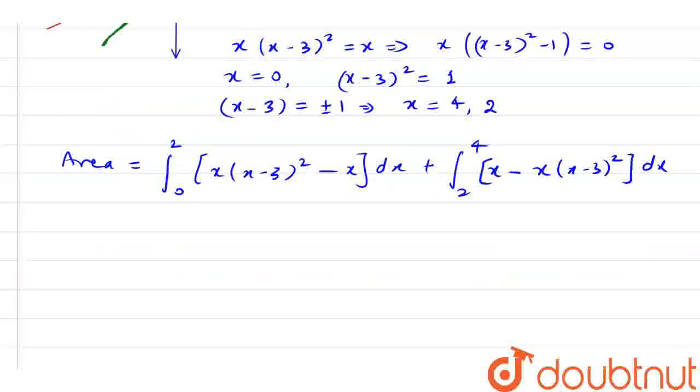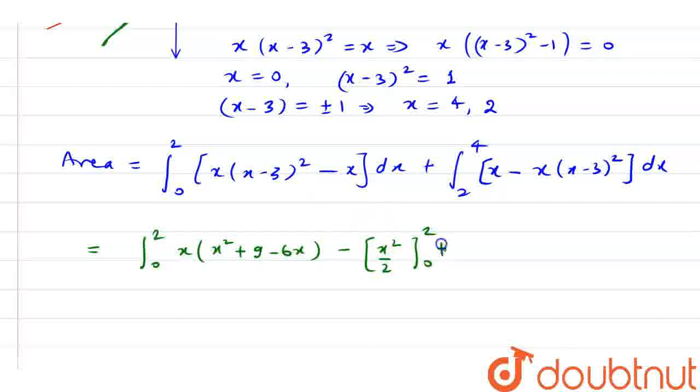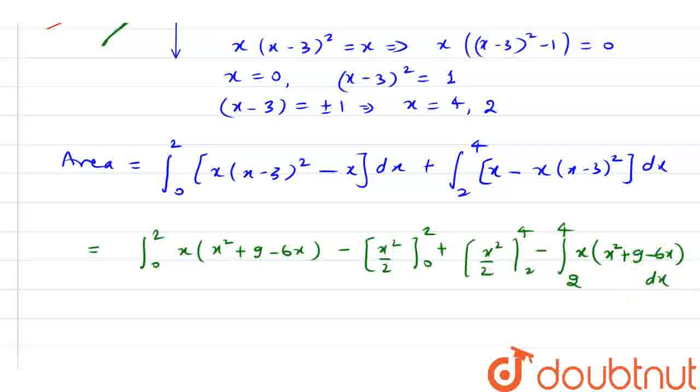Now first of all, let's separate this. We get integration 0 to 2 of x into (x square plus 9 minus 6x), and minus the integration of x, which is x square by 2 with limit 0 to 2. Same from here, we have x square by 2 with limit 2 to 4, and the integration from 2 to 4 of x into (x minus 3) whole square, so we have x into (x square plus 9 minus 6x) dx, right?